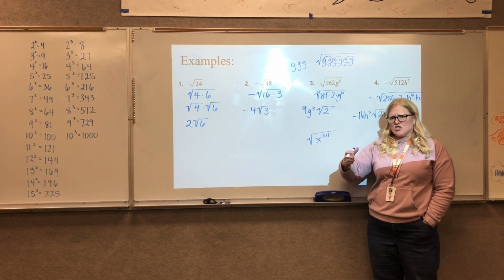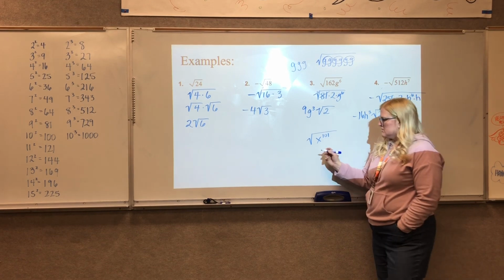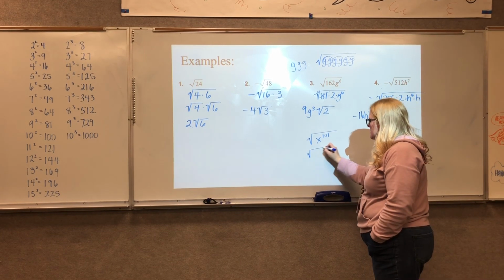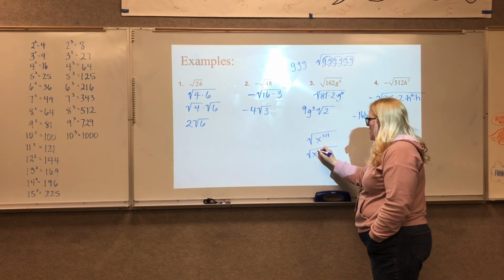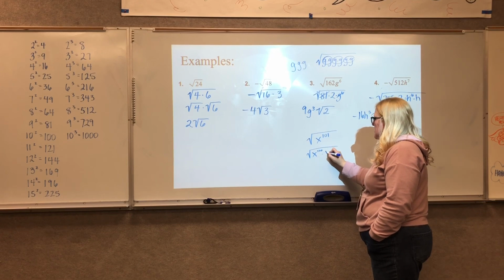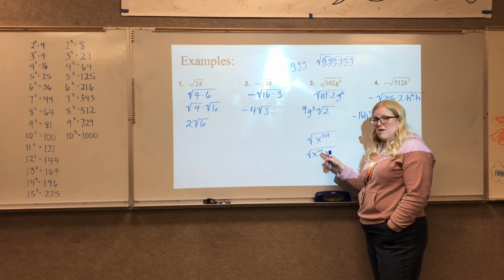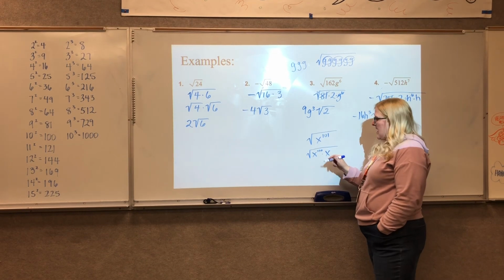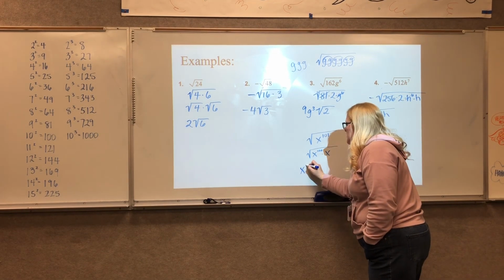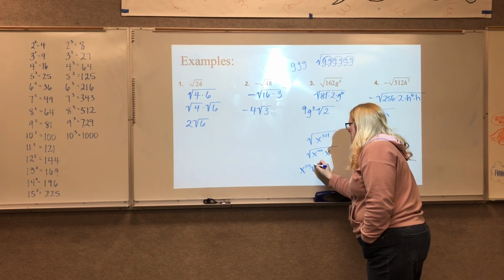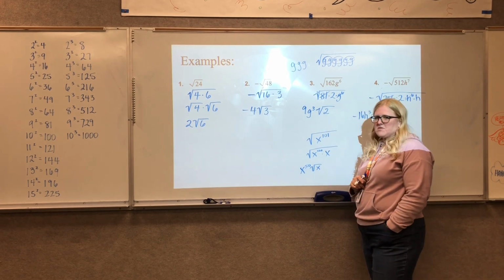They're all factors. It's x to the 100 times x. This is a perfect square because it's divisible by 2. And you divide it by 2, and this comes out x to the 50 times the square root of x.